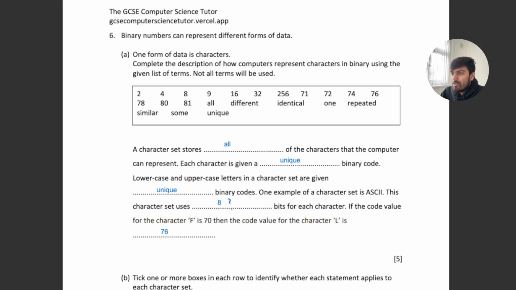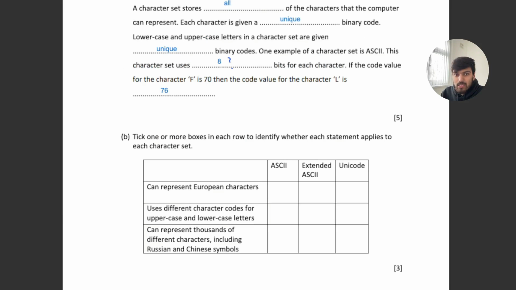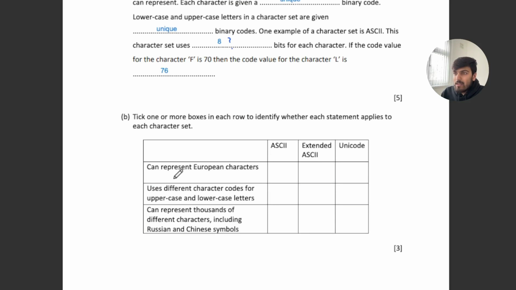Now we move on to the tick boxing exercise, which is: which character set can represent European characters? Well, European is not supported by ASCII, but is by extended ASCII and also Unicode. Uses different character codes for upper and lower case.